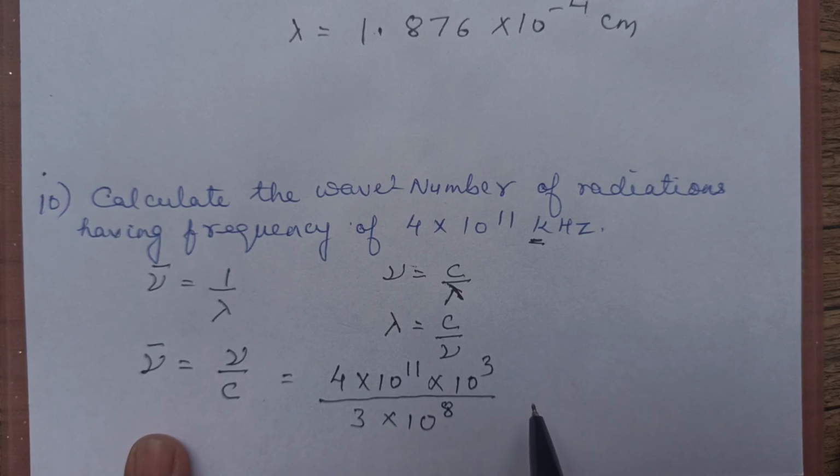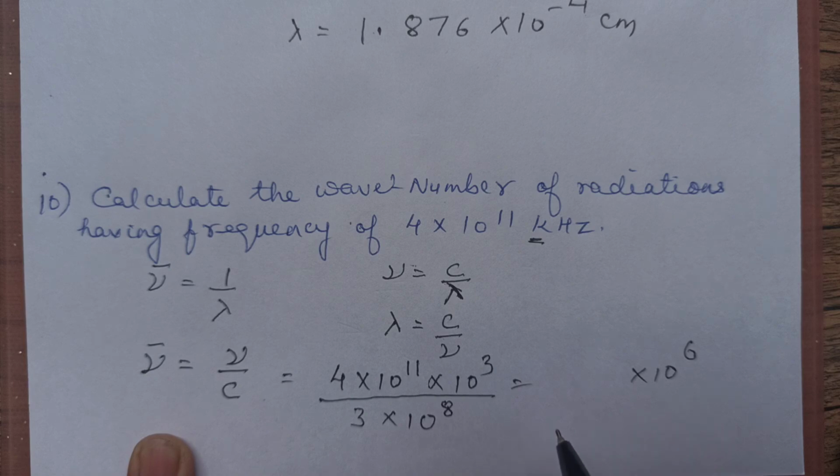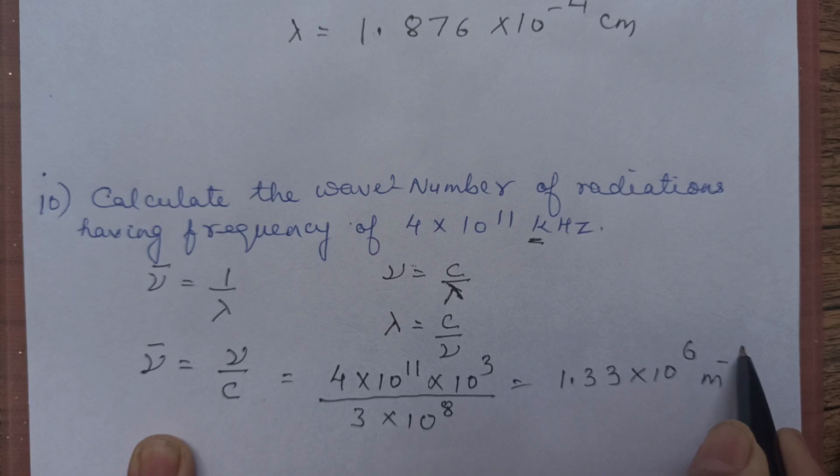If I am writing 8, I am getting the answer in meter. If I use 10, I'll get the answer in centimeter. So if I solve it, in the numerator it will be 14 minus 8, that means I am getting 6. It is 4 by 3, that is 1.3, so this will be in per meter.